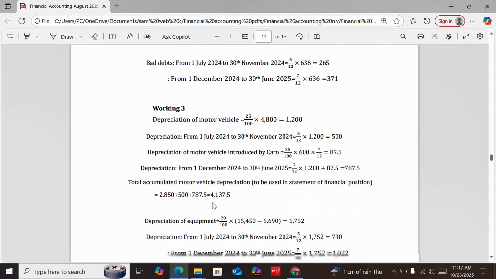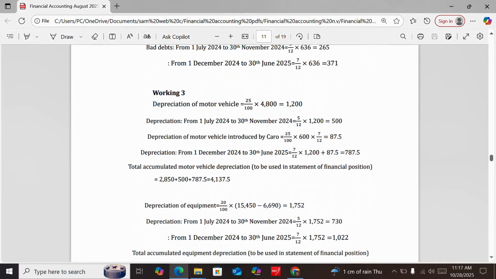Then we have depreciation. So this is the total depreciation. Then the depreciation apportioned according to time before Carol was admitted. Then this is the depreciation of motor vehicle, which was brought in by Carol. And then depreciation now after Carol was admitted.